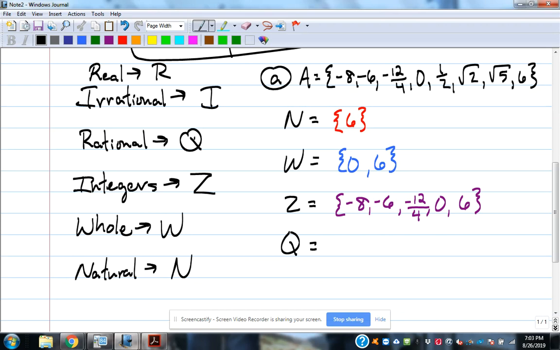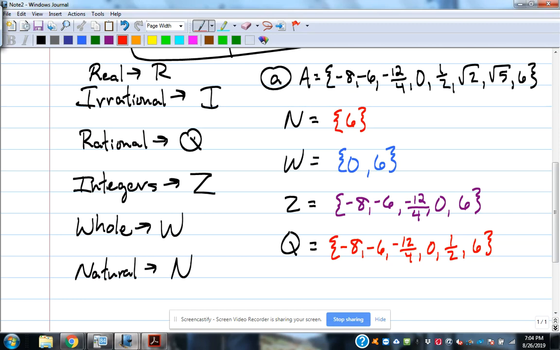What do we add to the integer group to put into the rational number group? 1/2. So it's everything we already had: negative 8, negative 6, negative 12 over 4, 0, and then we add the 1/2 in there because it's a fraction. And we get the rational numbers as well.